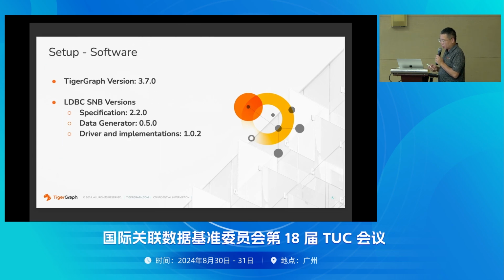We use TigerGraph 3.7. This was conducted a long time back; now TigerGraph is on 3.11. We also use LDBC specification 2.2, data generator 0.5, and the driver implementation is 1.0.2.